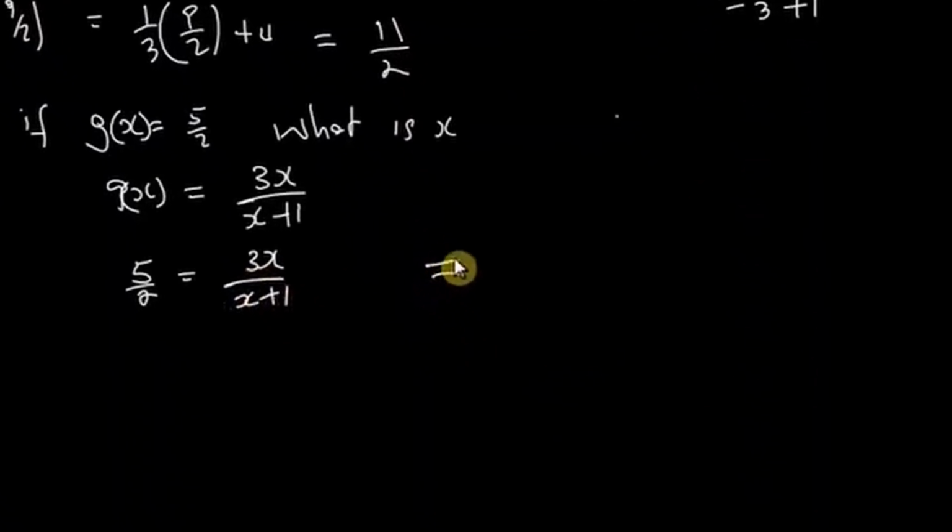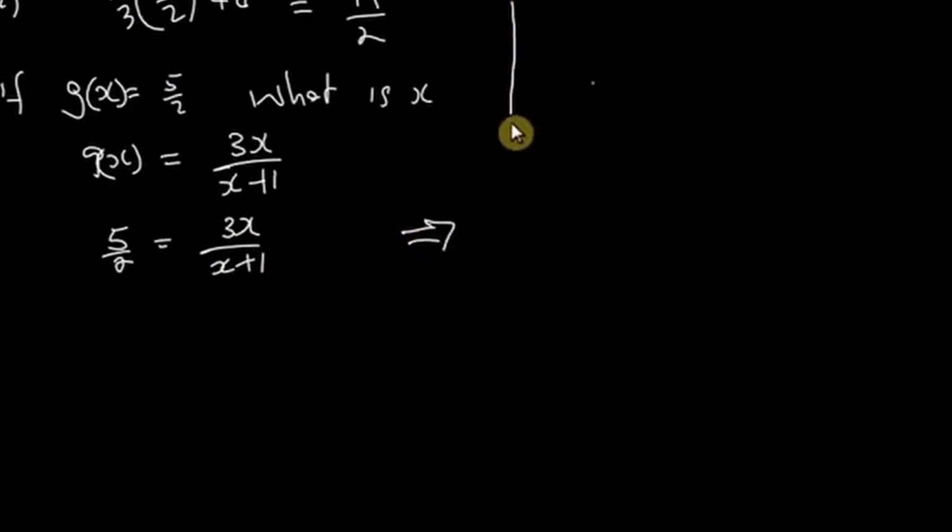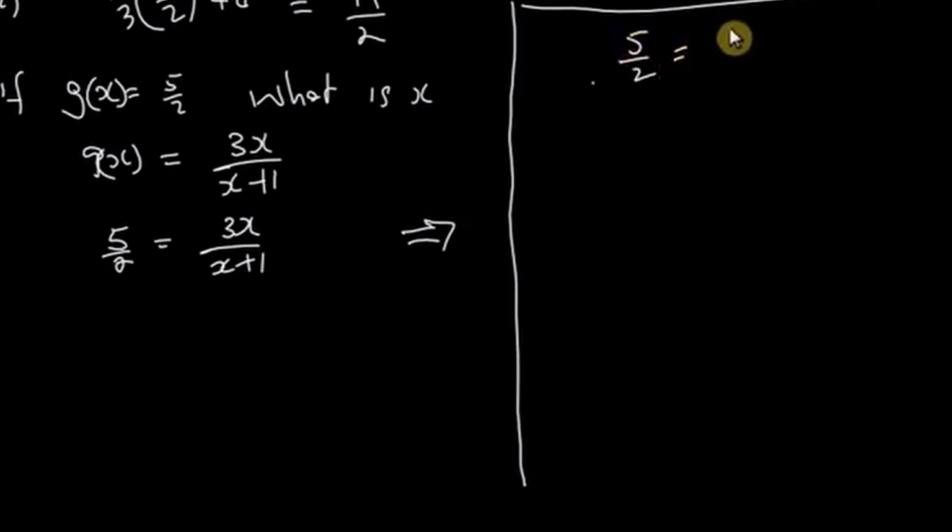So if 5 over 2 is equal to 3x over x plus 1, we can simply start by cross multiplying to get 5 times x plus 1 is equal to 2 times 3x.